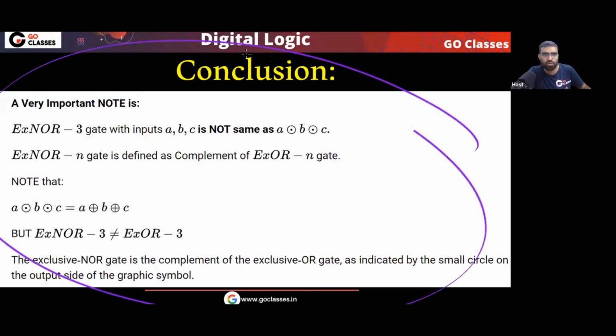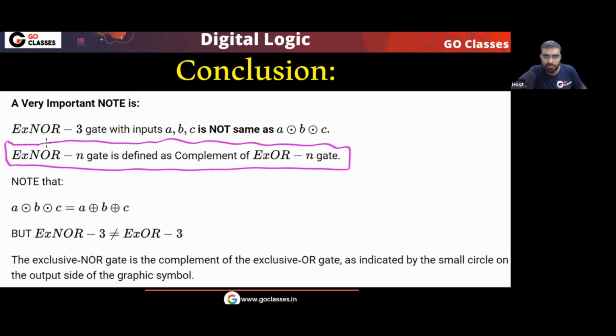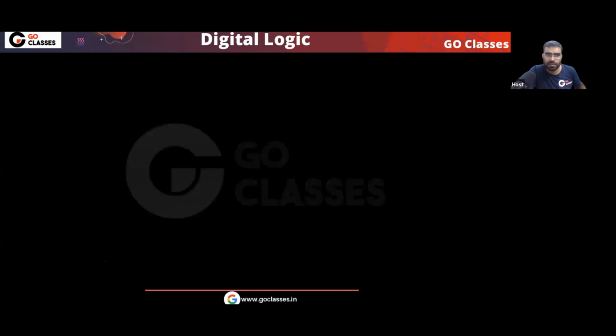Very simple point. This is important: XNOR gate is always defined as complement of XOR gate. I hope you understood all these things. Is this clear? Please tell me. All the points, are they clear?